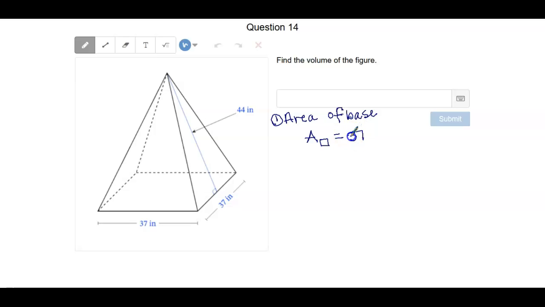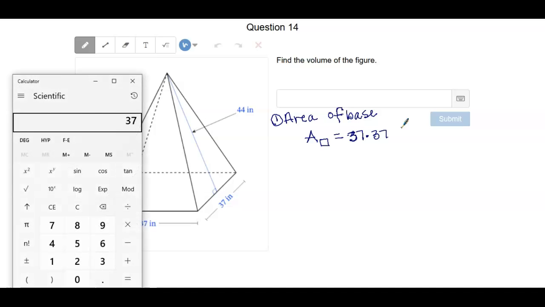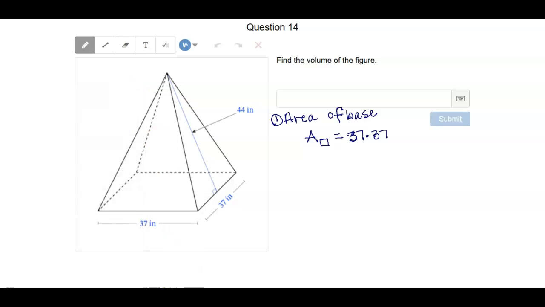That's a 3. Times 37. So 1369. Okay, so that's the area of just the square down here, 1369.